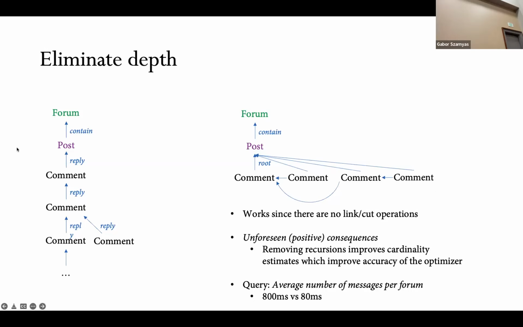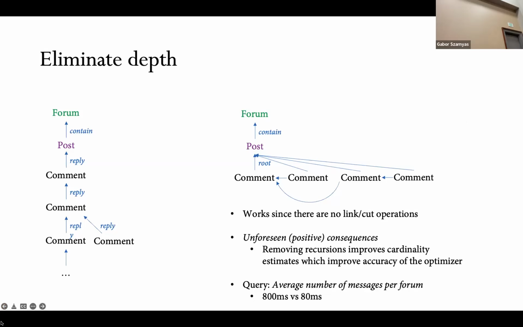What does that mean? There are no operations where I take a comment, take a tree of comments, cut them up, and place them in another forum. That doesn't happen. When you delete a comment, all the sub-comments are deleted. So there are no proper link cut operations, and we can just keep this information computed once and maintain it relatively easily.